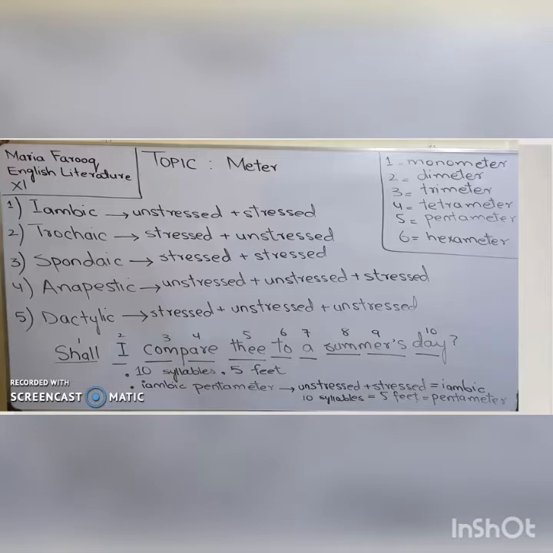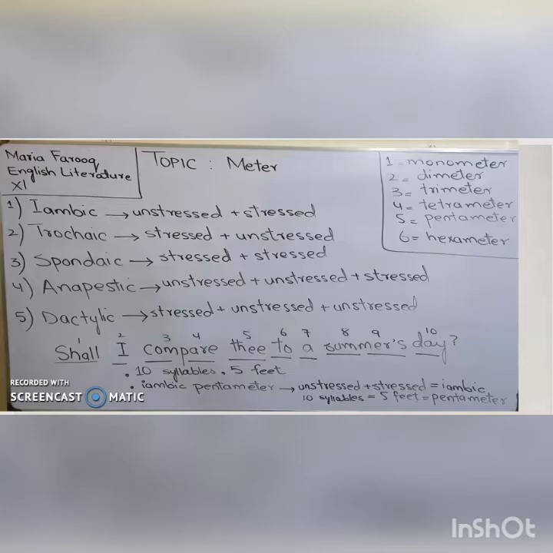For example, I said, shall I. My stress is on I. So shall was unstressed and I is stressed. Shall I compare thee? Now this is how you will read. So iambic: first one is unstressed and second would be stressed.